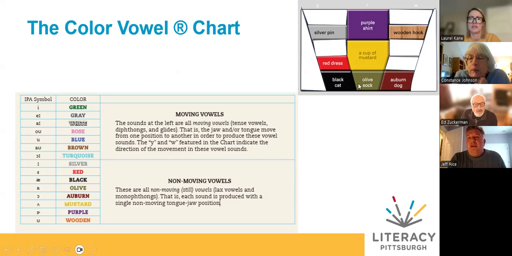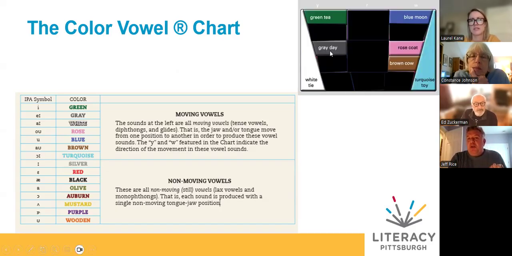Red dress, olive sock, silver pin, wooden hook, etc. So these vowels are not moving. These vowels have some movement in them.